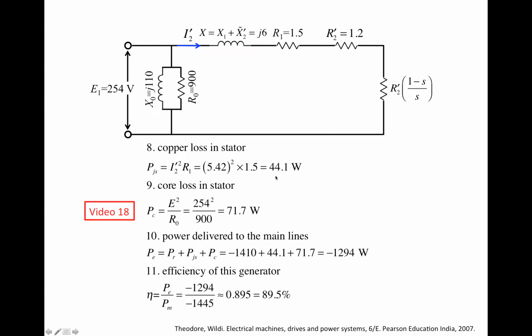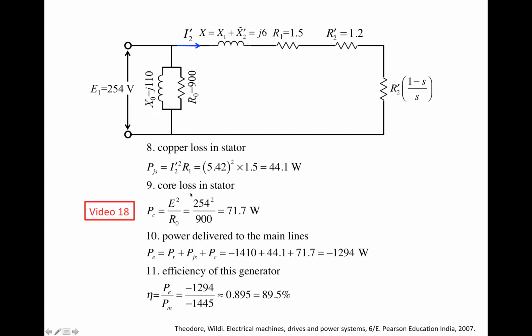And then because the stator has to induce a magnetic flux inside of it, there are core losses in the stator, right? Those core losses are due to the hysteresis and also eddy current losses inside the stator core. And this loss is accounted for by this R0, which has a resistance of 900 ohms.